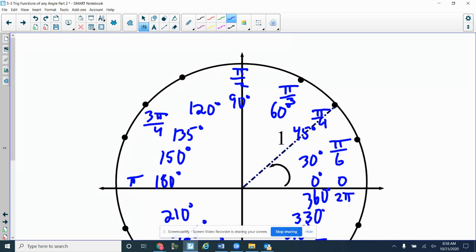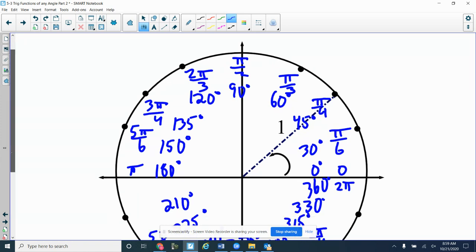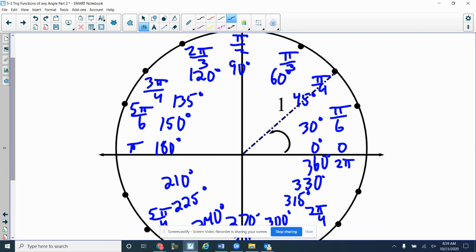Okay, so 1 pi over 6, 2 pi over 6, 3 pi over 6, 4 pi over 6, which is 2 pi over 3. Down here is 5 pi over 6, followed by 6 pi over 6. That's pi. Now let's just know we're on the right track.